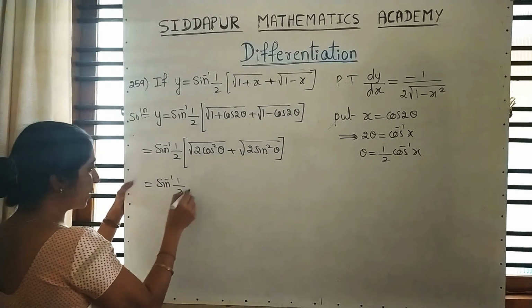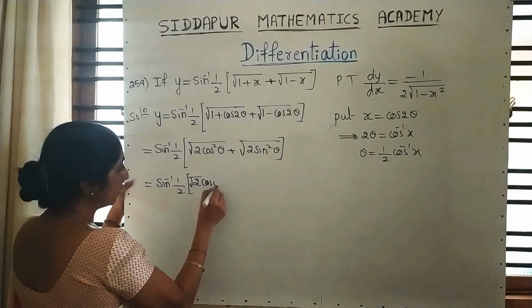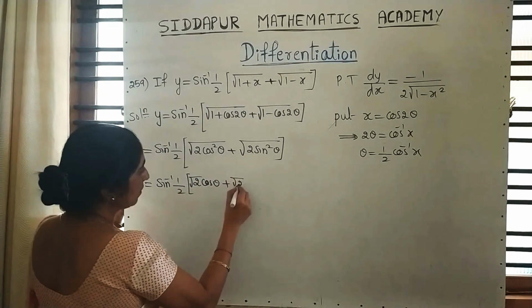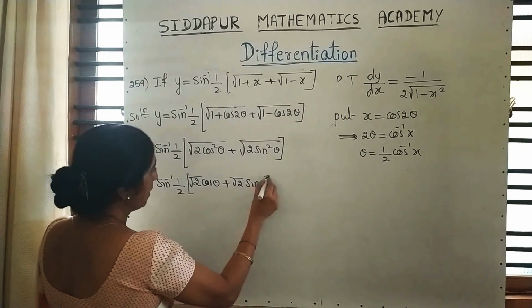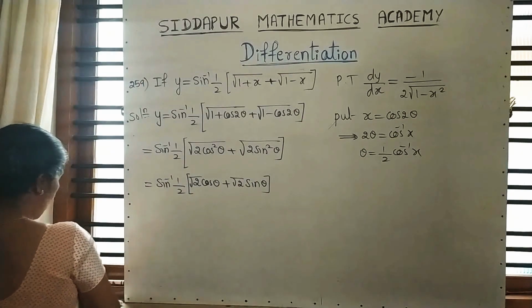After simplification, root 2 cos theta plus root 2 sin theta. I took root 2 inside, and 1 by 2 inside the bracket.